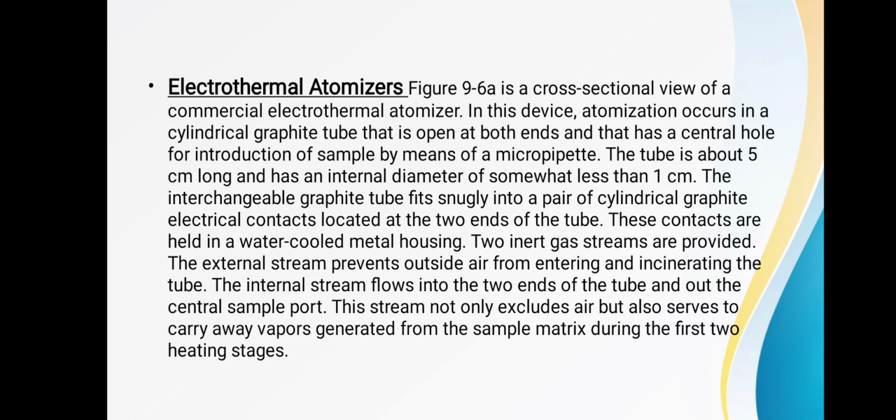Two inert gas streams are provided. The external stream prevents outside air from entering and incinerating the tube. The internal stream flows into the two ends of the tube and out of the central sample port. This stream not only excludes air but also serves to carry away vapors generated from the sample matrix during the first two heating stages.